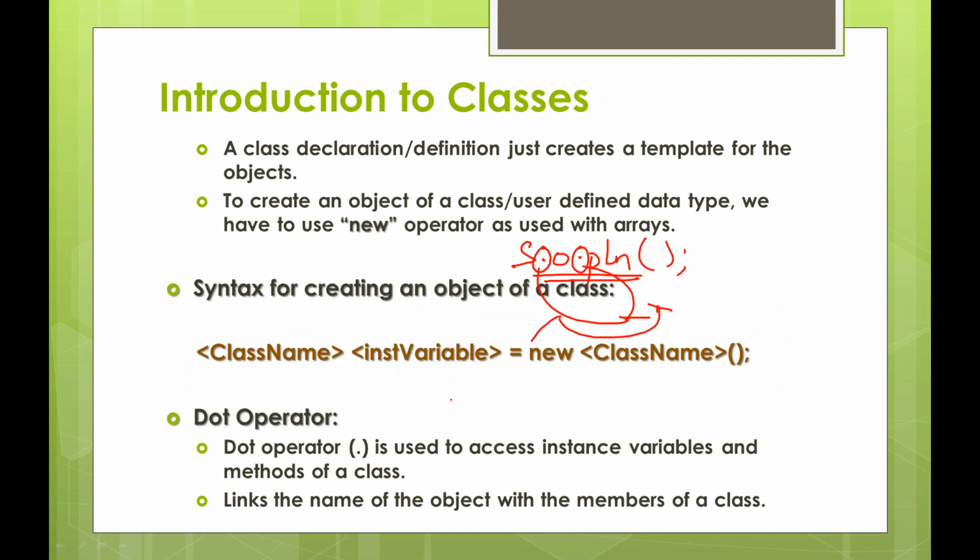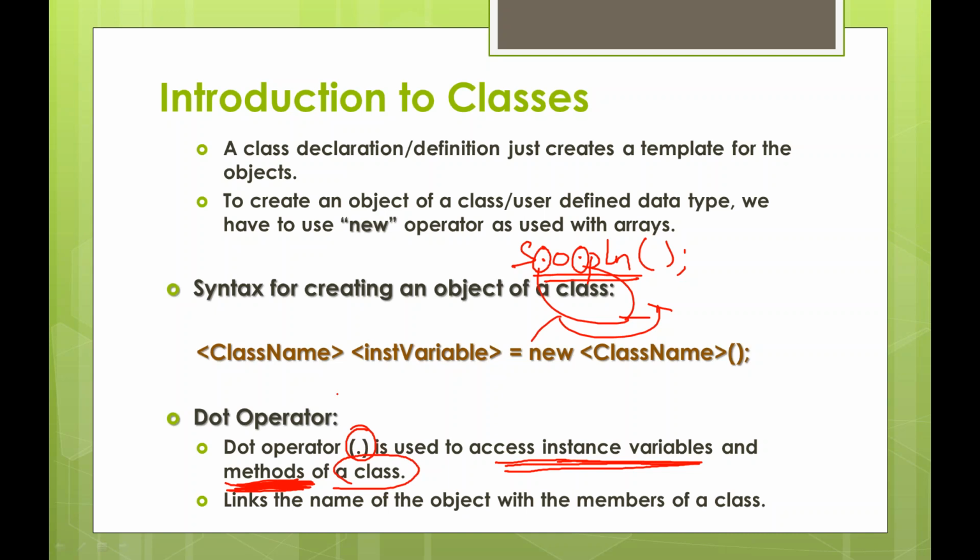So why do we use the dot operator? To access instance variables and methods of a class. The dot operator is used to access instance variables and methods of a class.